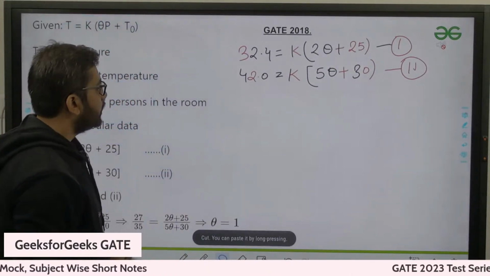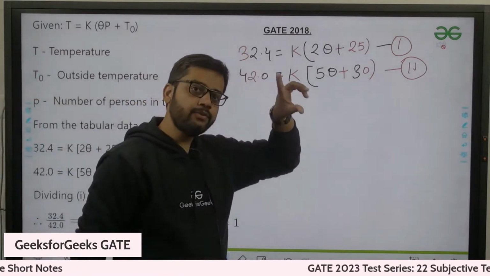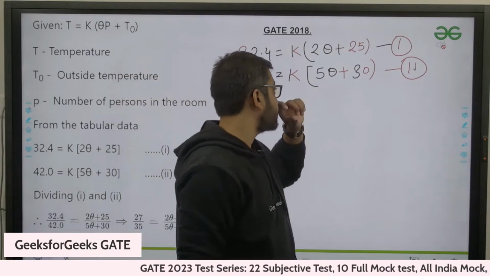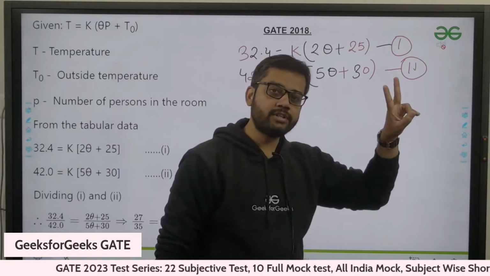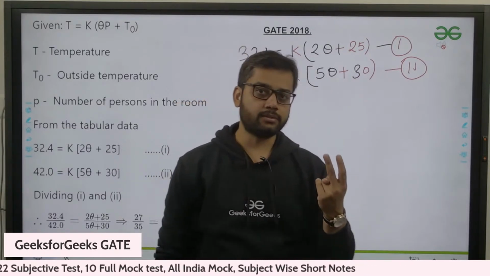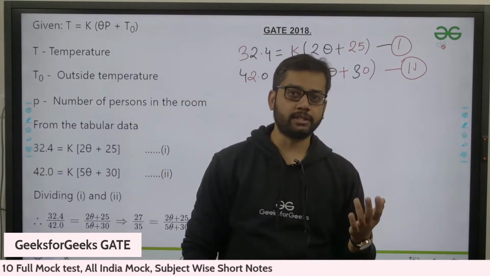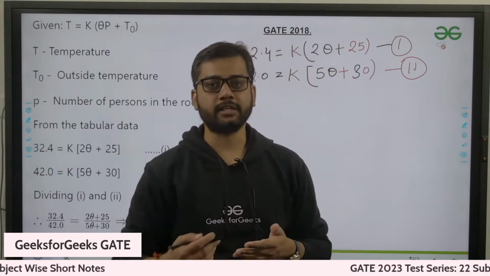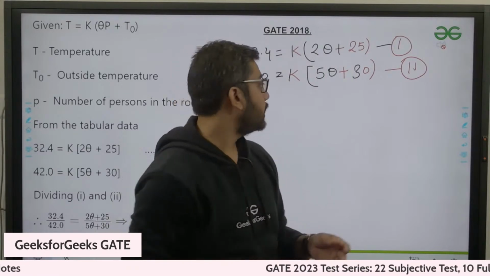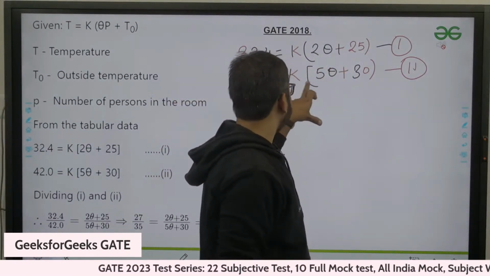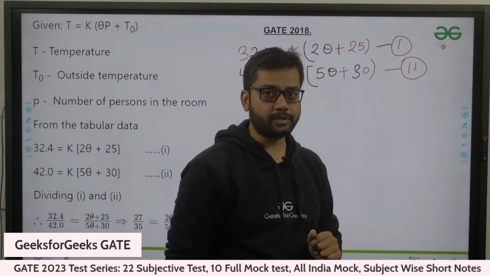Now, if you remember the basic idea: if there are two unknowns, we need two equations. The number of variables is directly related to the number of equations. Here we have two equations.